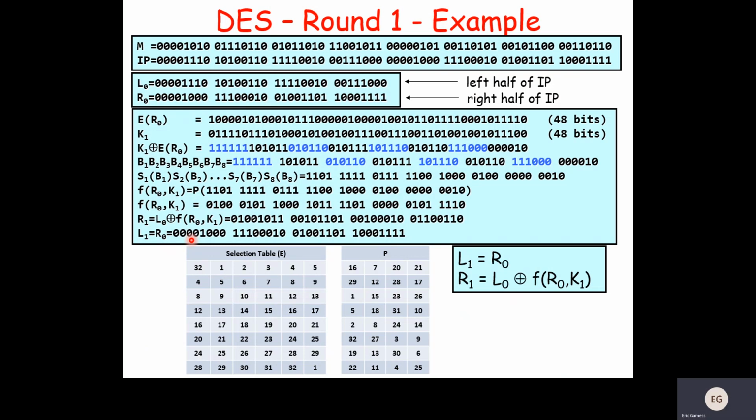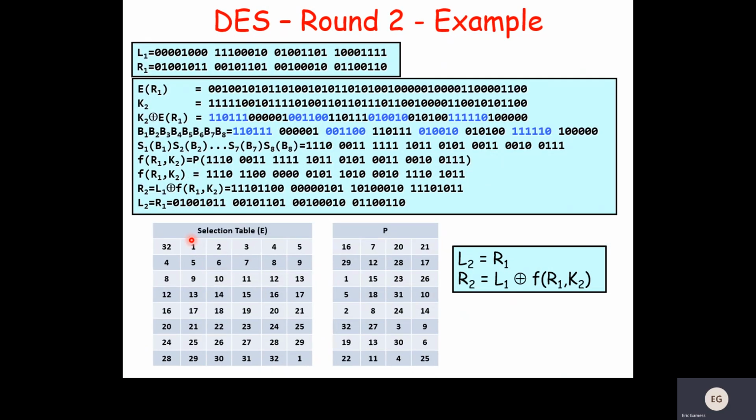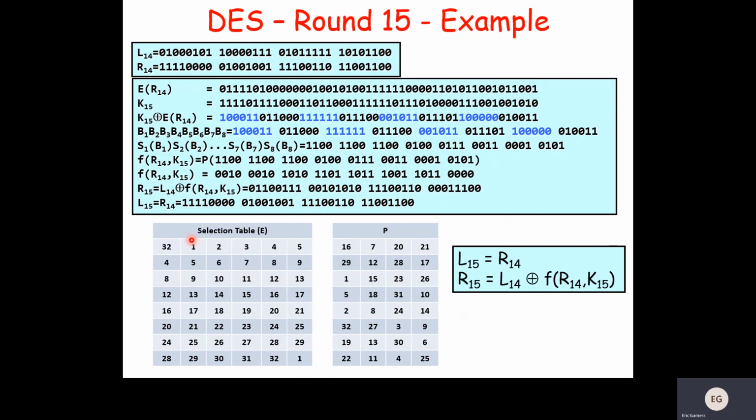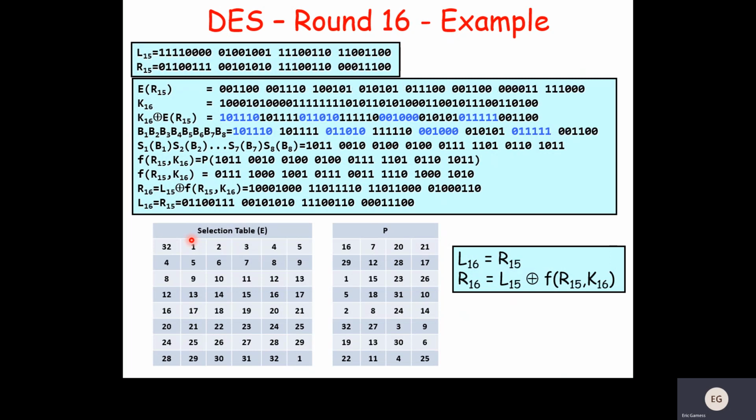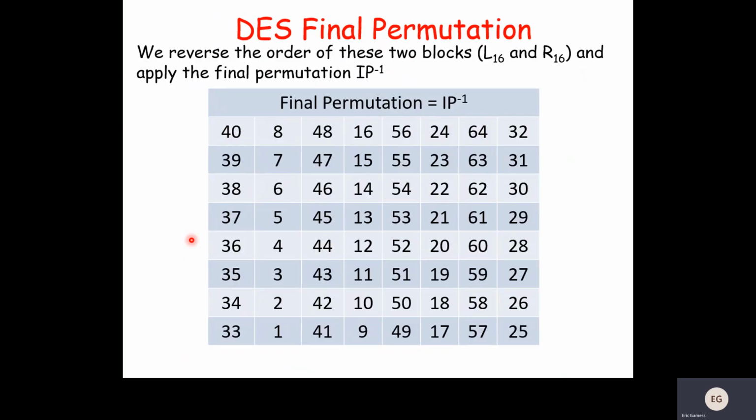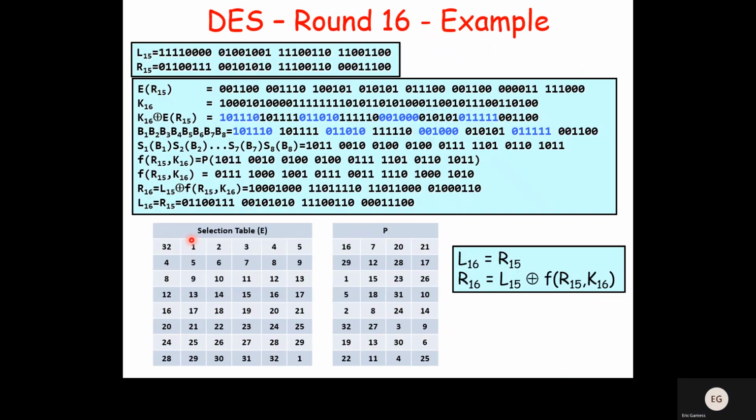You apply that 16 times. So you keep doing that, and at the end, this is round 2, the result of round 2. This is the result of round 15 if you want to verify them, the result of round 16, because you do it 16 times. And then you need to swap.